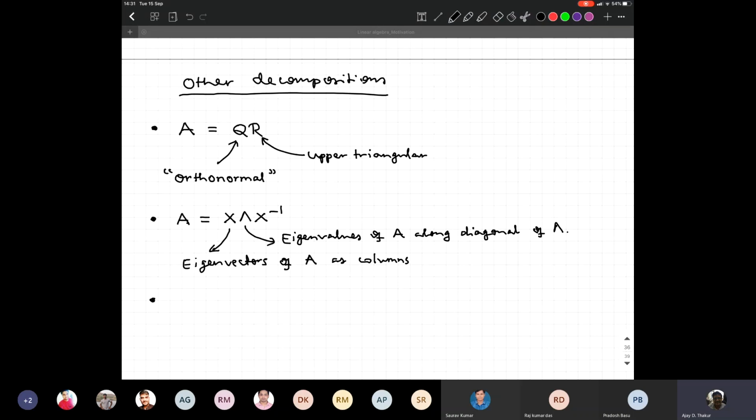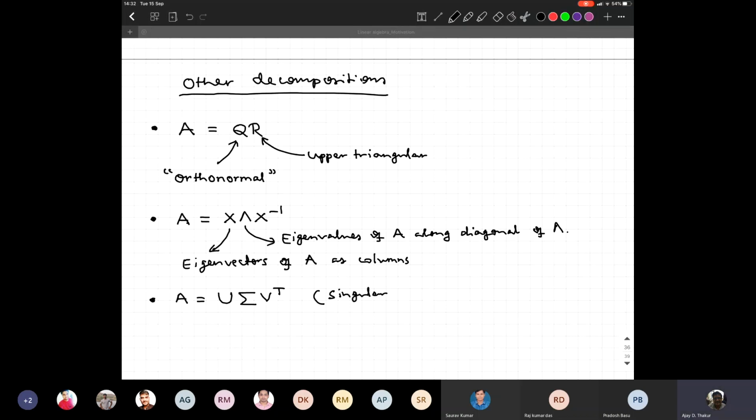Okay, the third very important decomposition is to write A in the form of a matrix product, like U sigma V transpose, and this is what I was referring to earlier.